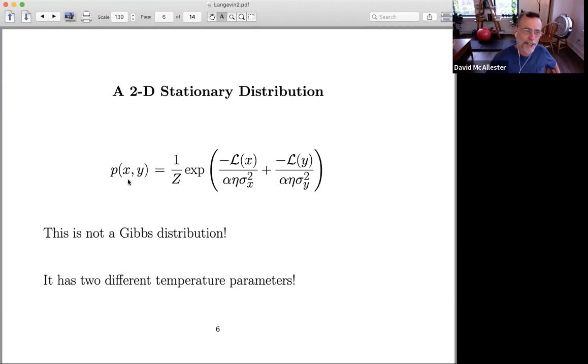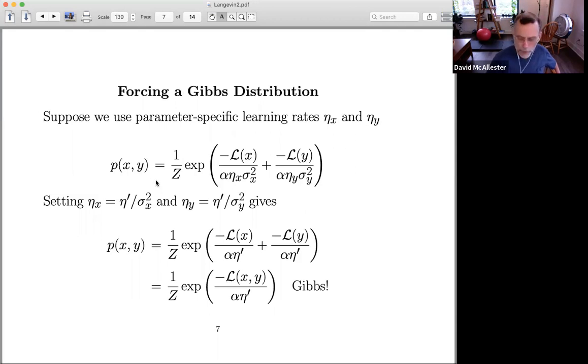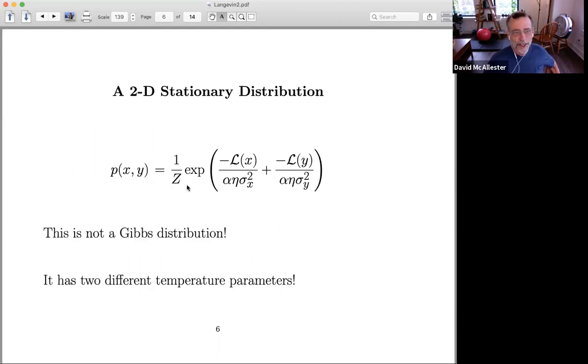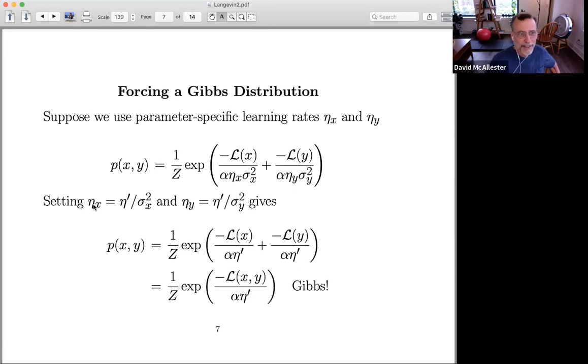Now, this equation turns out to be reasonably general. Oh, sorry, I forgot about this slide. I just want to look at this equation and point out, I mentioned that this is going to be related to motivating RMS prop. If I use a learning rate in x, which is a fixed learning rate divided by the variance in x, and the learning rate in y to be a fixed learning rate divided by the variance in y, I get this equation.